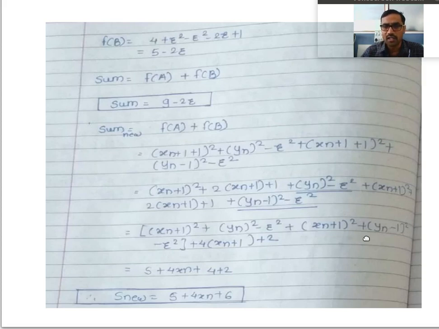The equation is arranged in this particular form, where first part of the equation is the previous equation, which we have evaluated as s, and remaining part is 4xn plus 1 plus 2. So we can find s new, sum new is equal to s plus 4xn plus 4 plus 2, that is s new is equal to s plus 4xn plus 6.